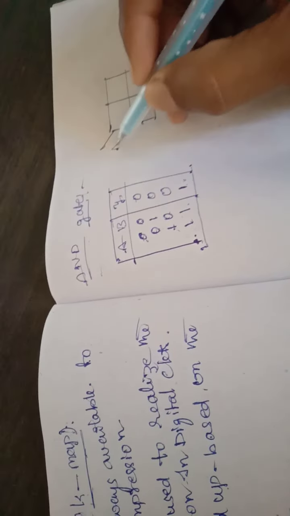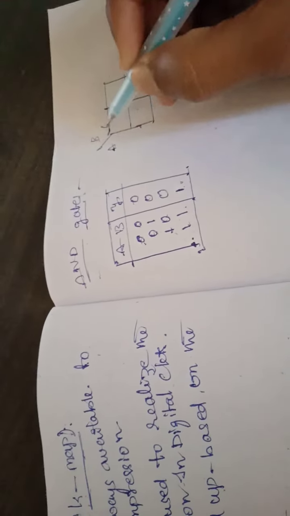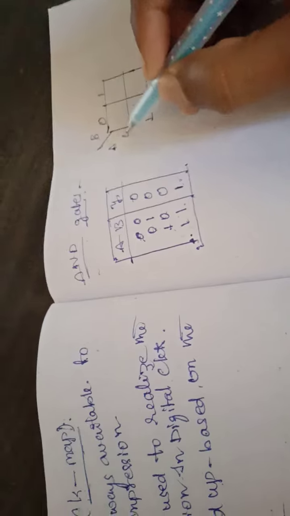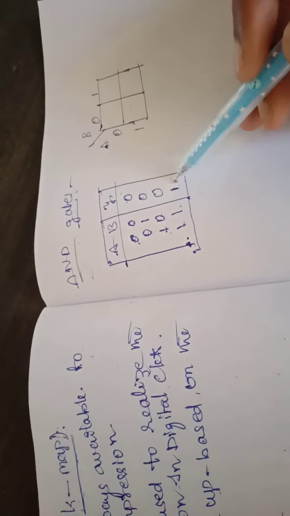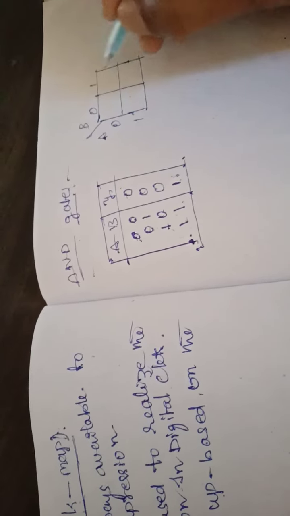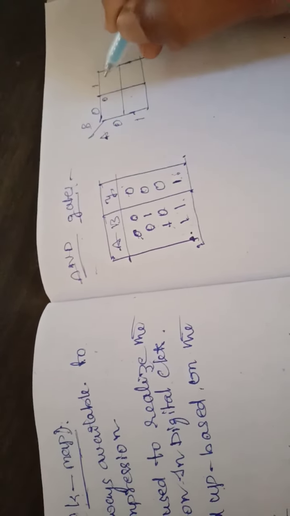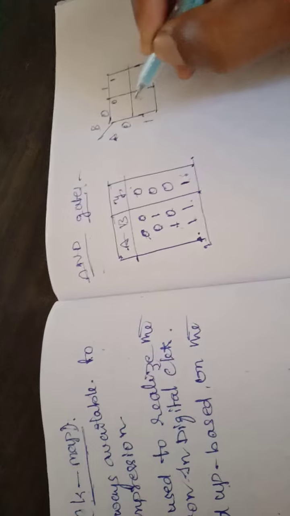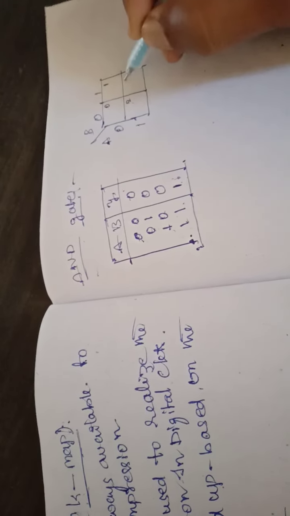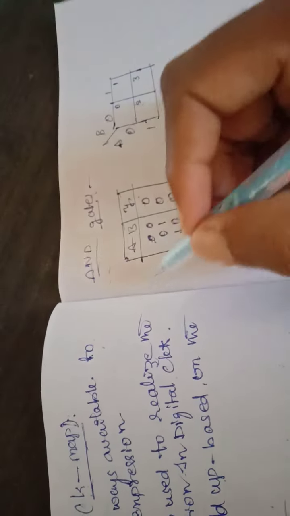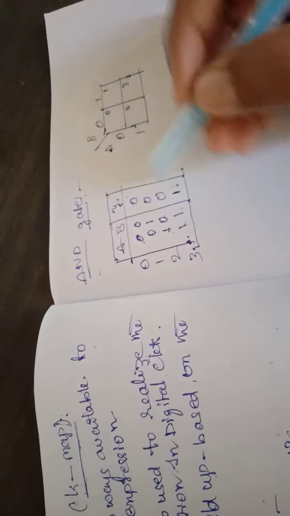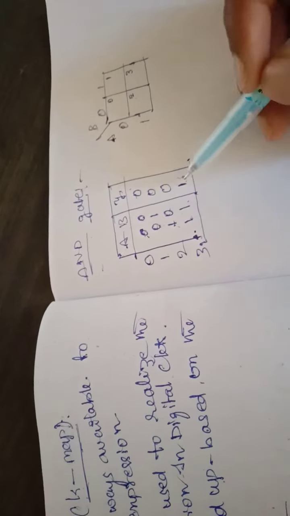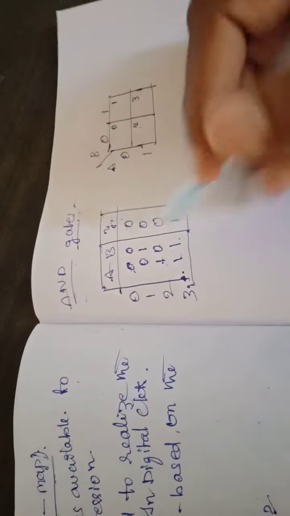Now see, first we are going to see about the two variable K-map. Now see, if two variable means what? How many possible combinations are available?